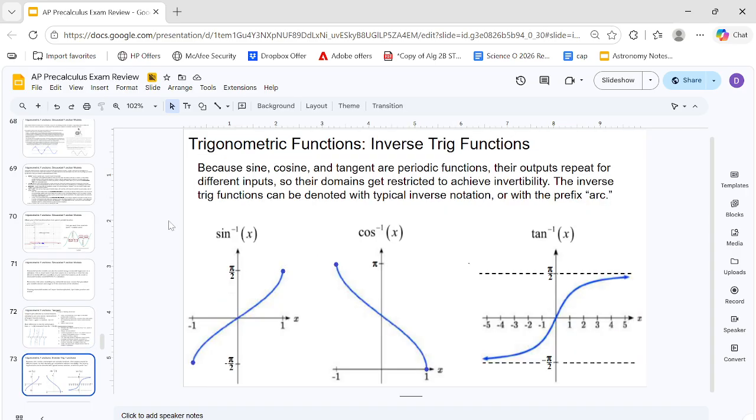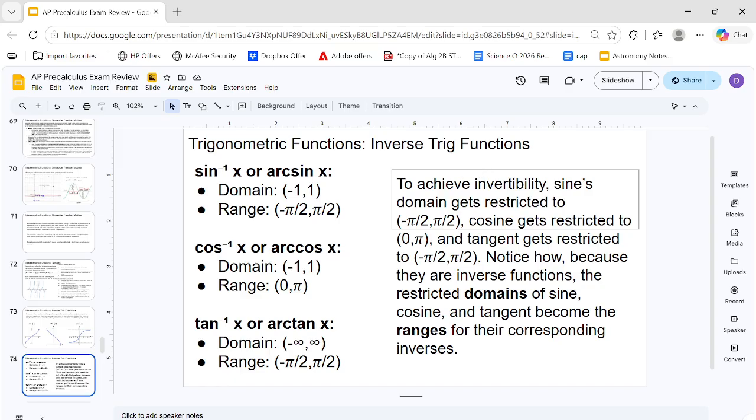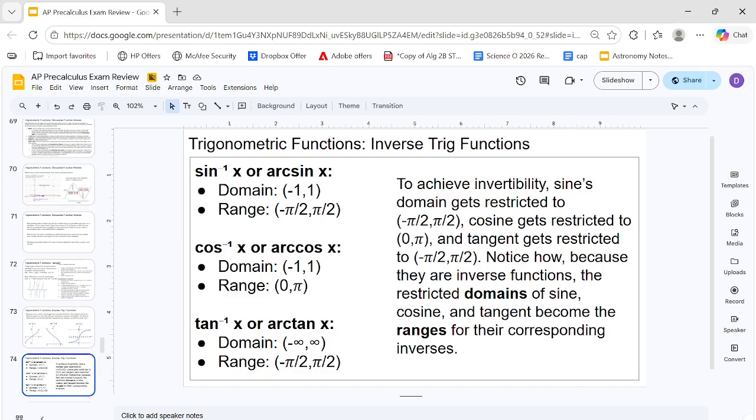Now inverse trig functions: sine inverse, cosine inverse, tangent inverse. Sine's domain gets restricted to negative pi over 2 to pi over 2, cosine to 0 to pi, and tangent to negative pi over 2 to pi over 2.